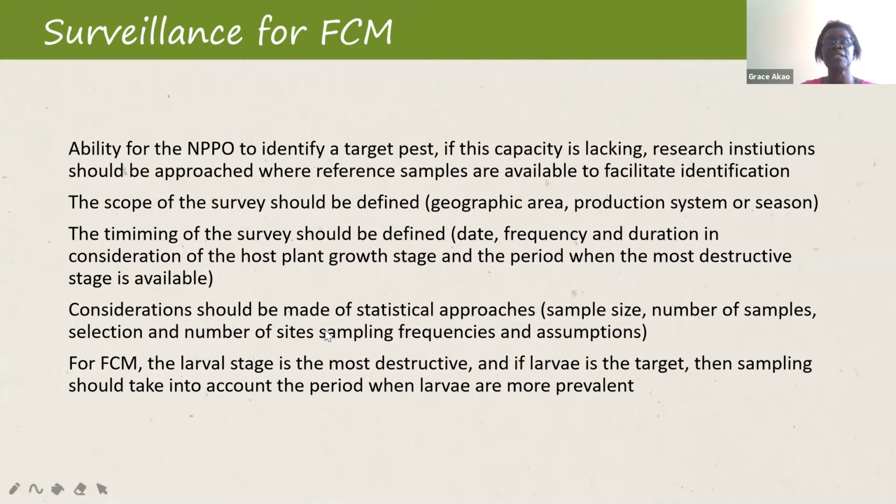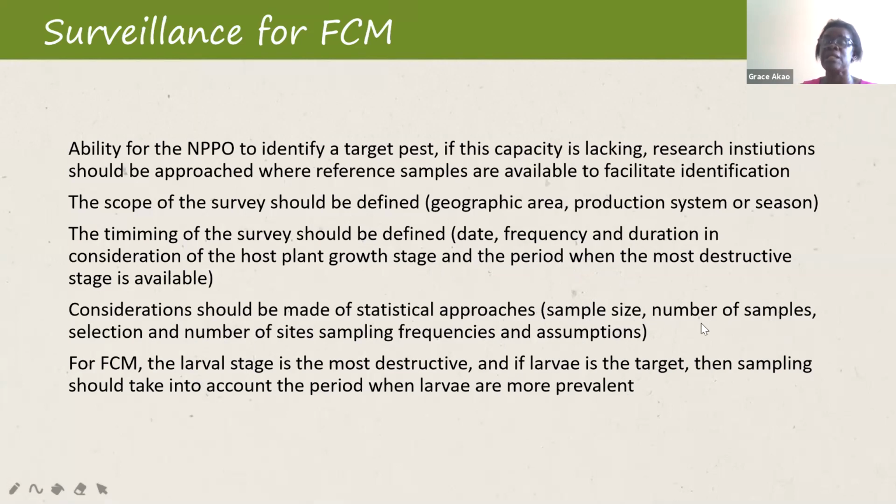You also need to have considerations for the statistical approaches, like what would be your sample size and your number of samples, depending on the area where you're doing this surveillance. If it is a small greenhouse, you would roughly know the population of the plants there.